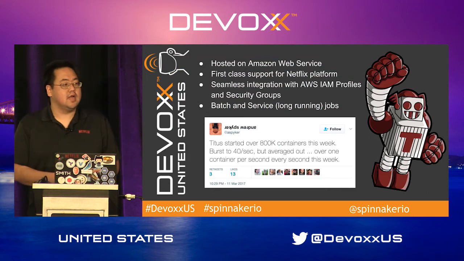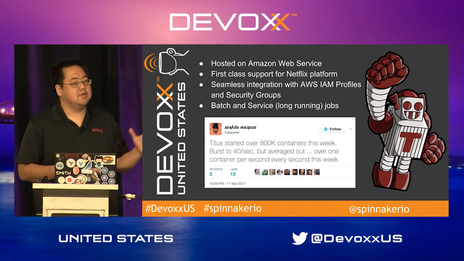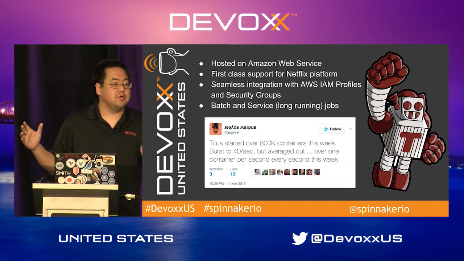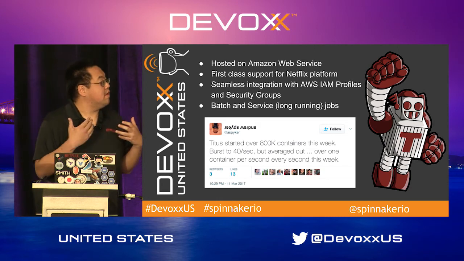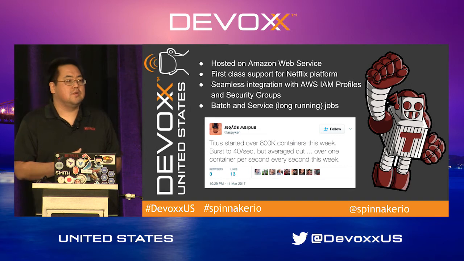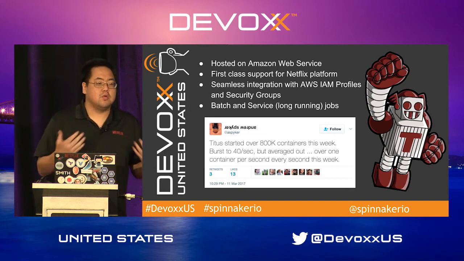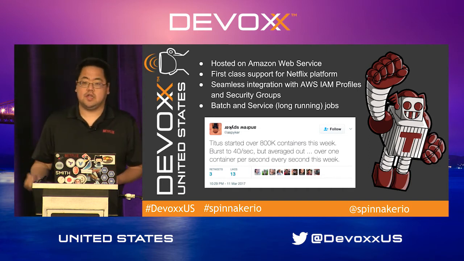Like I said, Titus is hosted on AWS. It is built at Netflix scale, and talks really well to all the tools and systems in the Netflix infrastructure. If you're familiar with tools like Eureka or Atlas, Titus was built to have first-class support for these. Titus also is very aware of all the components of Amazon Web Services that it sits on top of, so it's able to use security constructs such as IAM profiles and security groups.